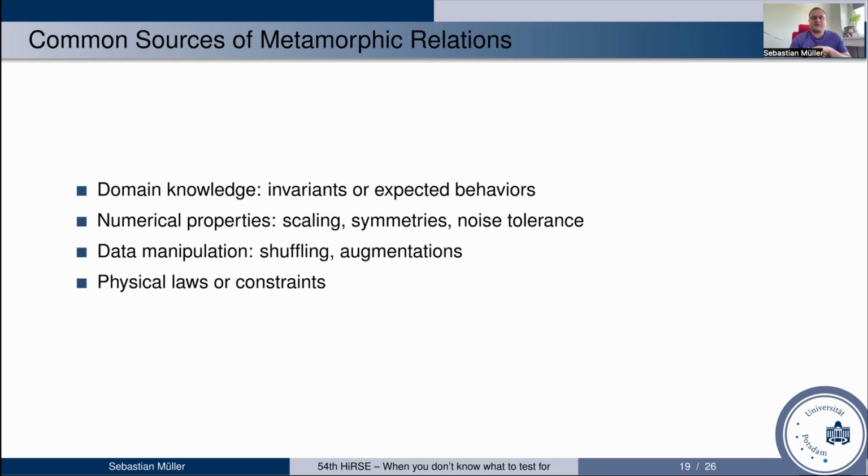The first and very common source for metamorphic relations is domain knowledge from the domain experts, who have inherent knowledge of existing invariants that should hold true no matter how you apply the transformation, or expected behaviors that the domain knowledge can provide. You might have numerical properties. In my thesis, I talked about scaling and mirror symmetries.